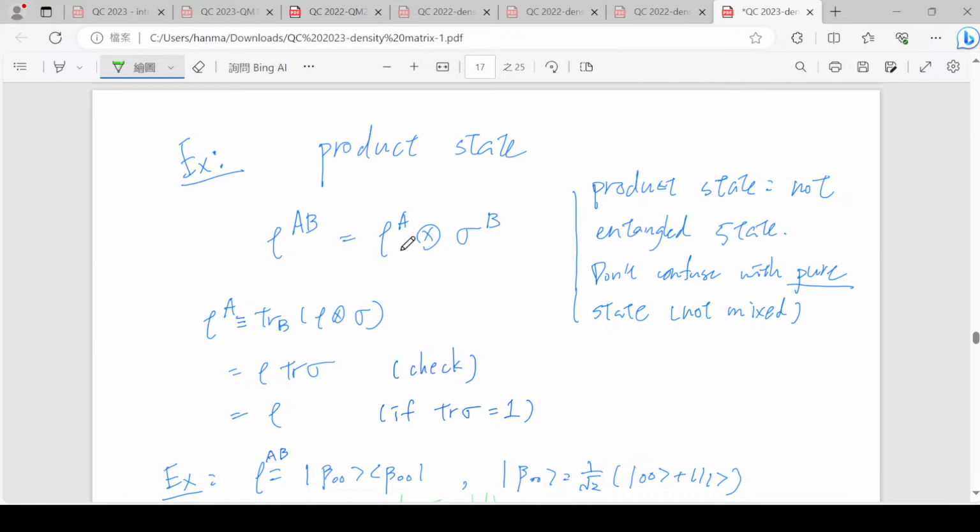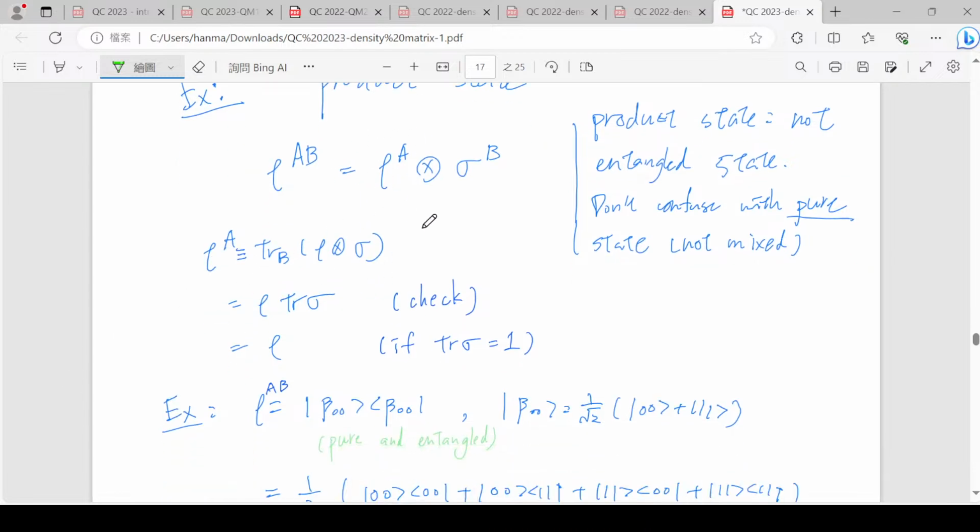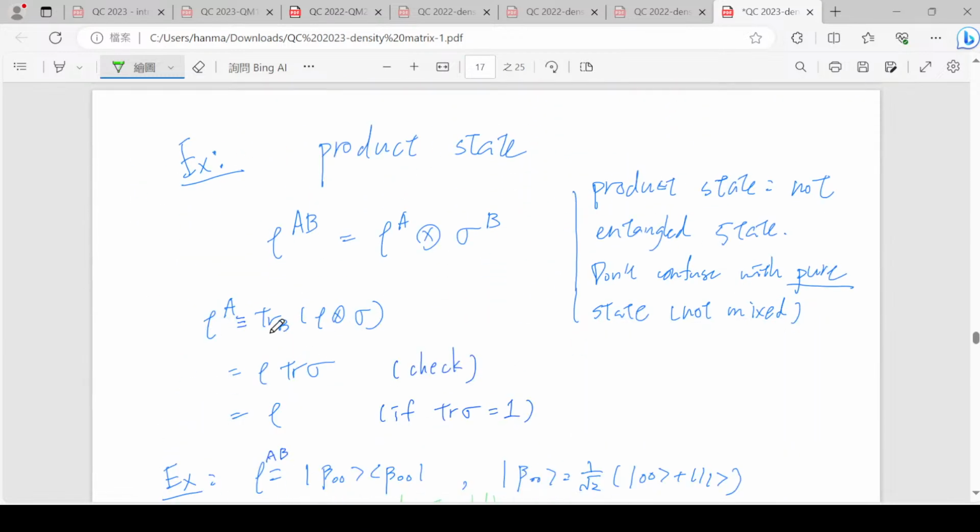So this state is basically just saying A has a state rho A and B has a state sigma B, and you are just looking at them together as a joint system, and you expect the state of A is just rho A, and you see the partial trace gives you the expectation you have. So partial trace on B, then you just get rho times trace of sigma, and you get back rho.